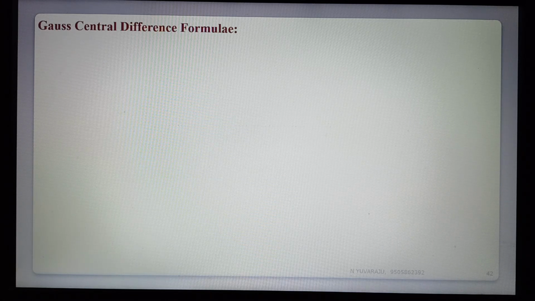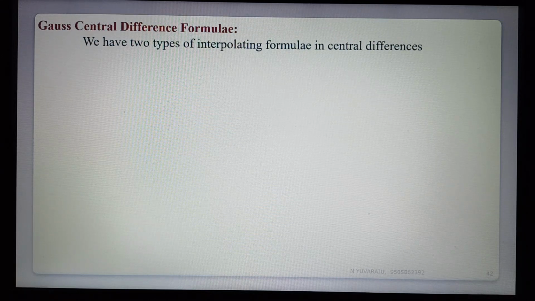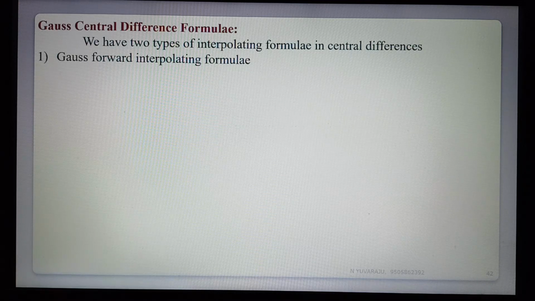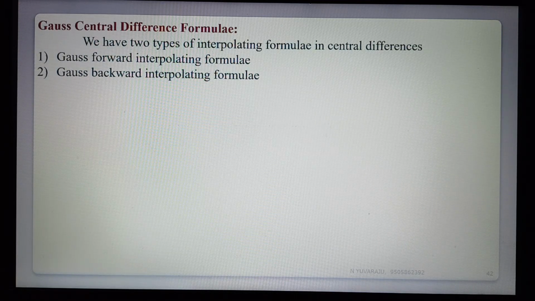So see how to find the Gauss central difference formula for finding the value from the given table values. Two types are given. The first one is Gauss forward interpolating formula. The second one is Gauss backward interpolating formula. Gauss central means we have to choose the central point.